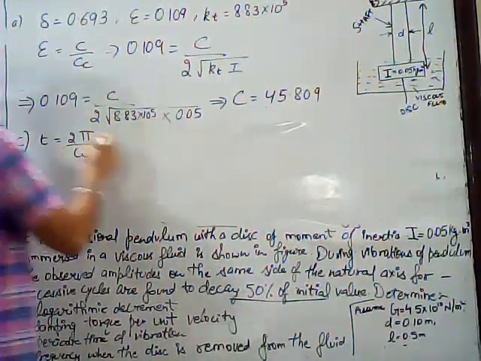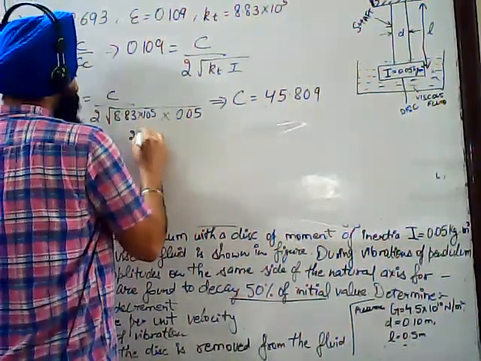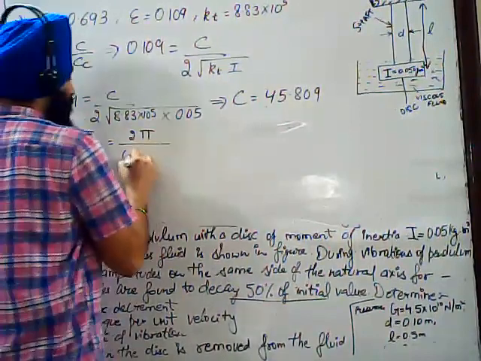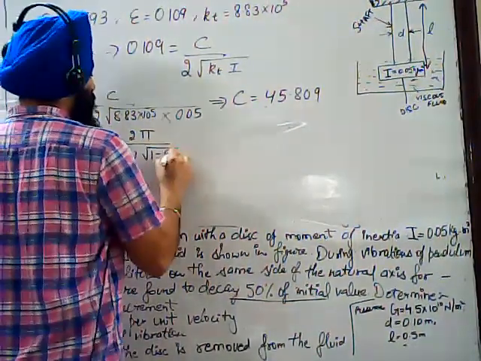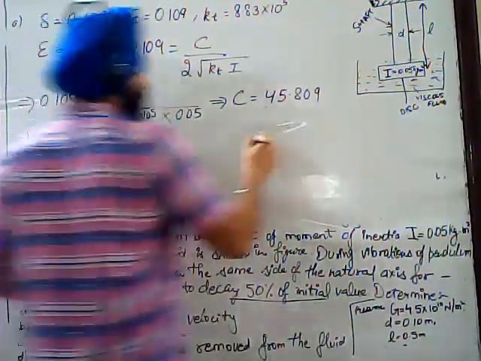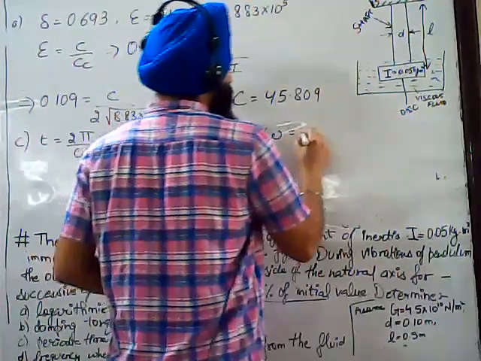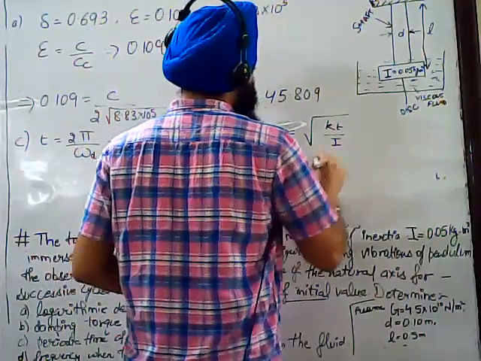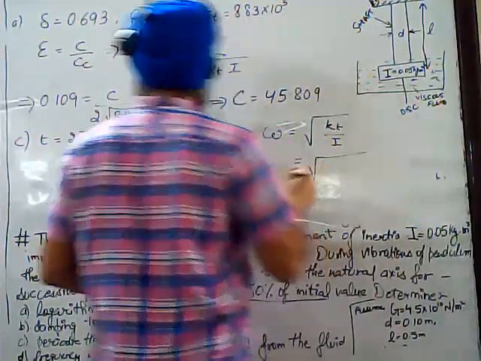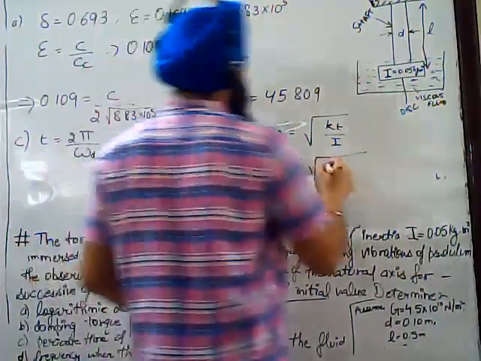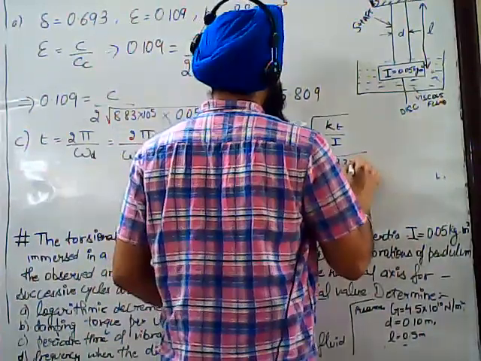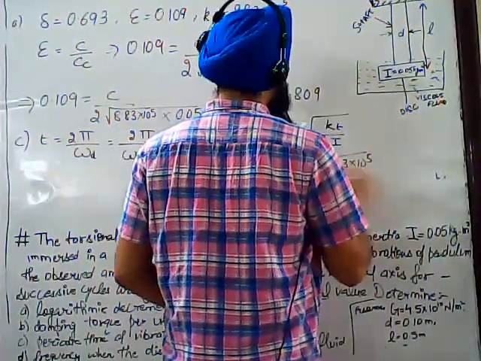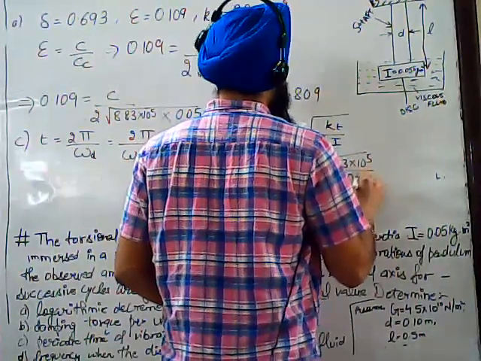Time period will be equal to 2 pi by omega d. The formula for omega d will be omega into under root of 1 minus epsilon square, and the formula for omega will be under root Kt upon I. So its value will be under root of 8.83 into 10 raised to the power 5 divided by 0.05.